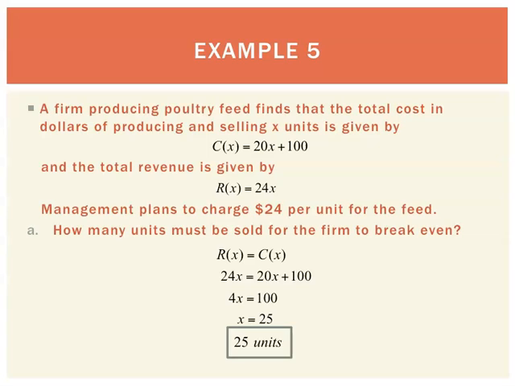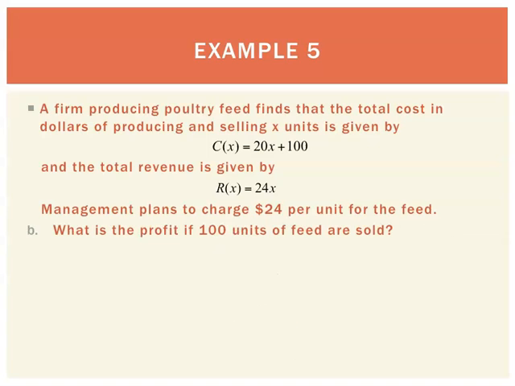Now, Part B. What is the profit if 100 units of feed are sold? Now, how do you find the profit? The profit is whatever the total revenue that you get is minus the cost. So I'm going to first start off by coming up with that expression.